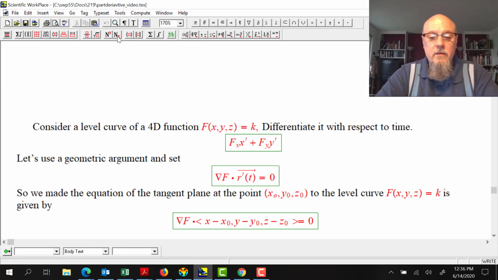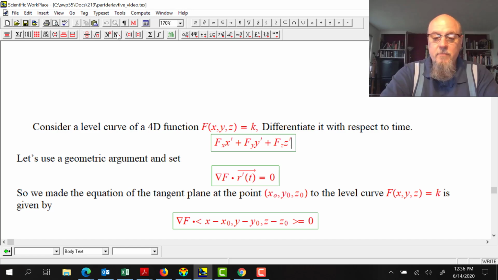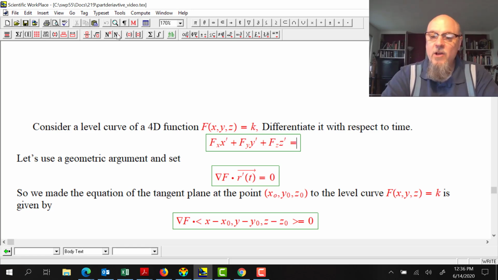And in this case, you then get a z derivative, so the derivative of the function with respect to z times z prime. And when I differentiated that constant k, whatever that constant is, its derivative is 0.